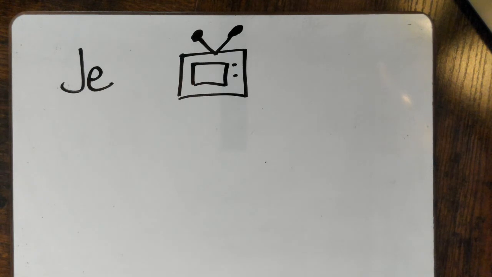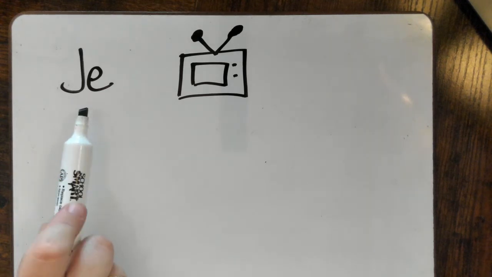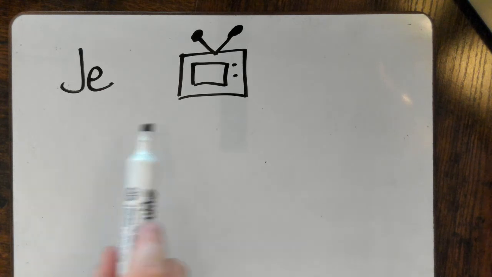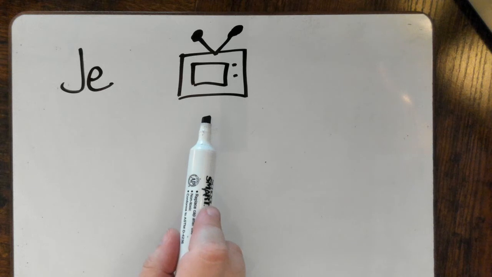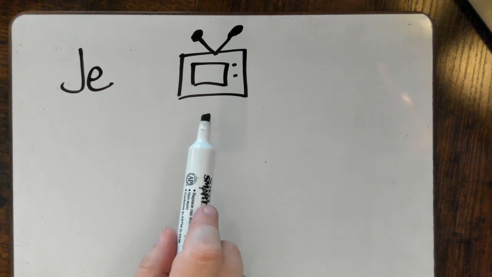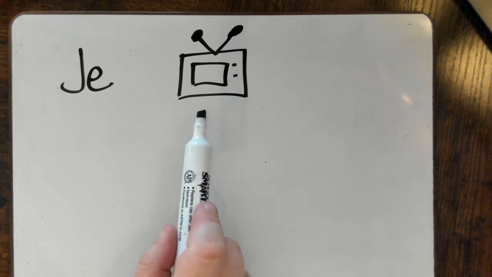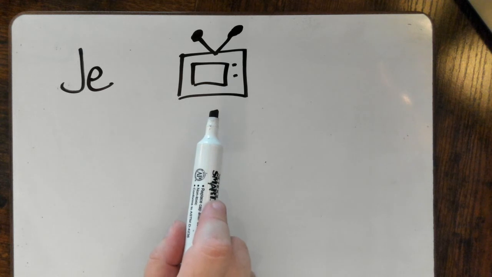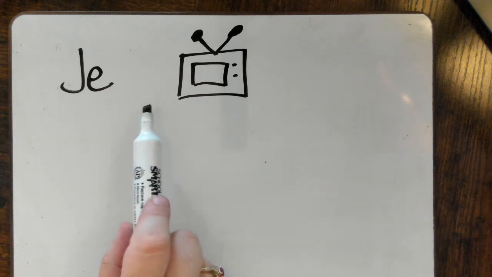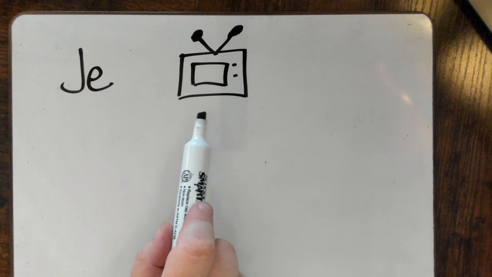Now we're going to put my drawing skills to the test. Your job is to write a sentence in French using the subject I give you, so in this case it's je, and the verb is going to be whatever you see in the picture. So if you don't know what this is, a television. So you're not going to say je television.